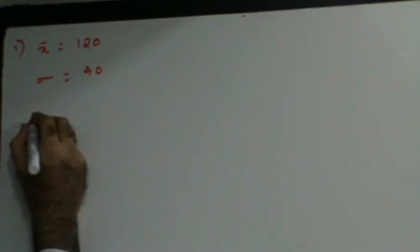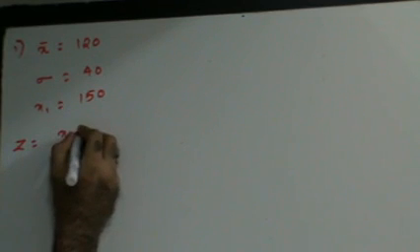Right, let's read the sum, guys. They've given you the average balance as 120 and the standard deviation as 40. Now let's see the first part of the question: what proportion of the accounts has a balance over 150? Whatever they ask you to find, you assume as x1.